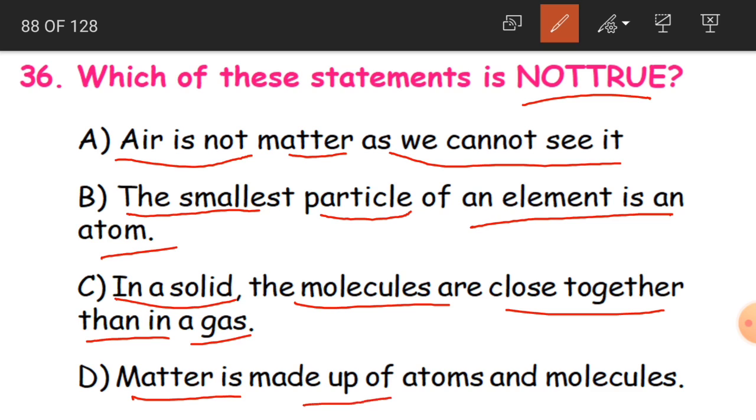Matter is made up of atoms and molecules. So which one is not true, children? Yes, the first one. Air is not matter as we cannot see it. That is completely false. Air is also matter.